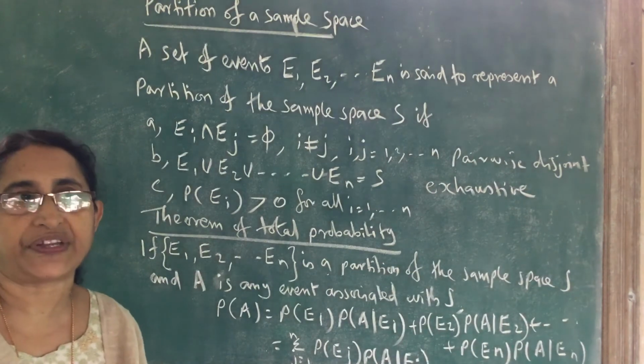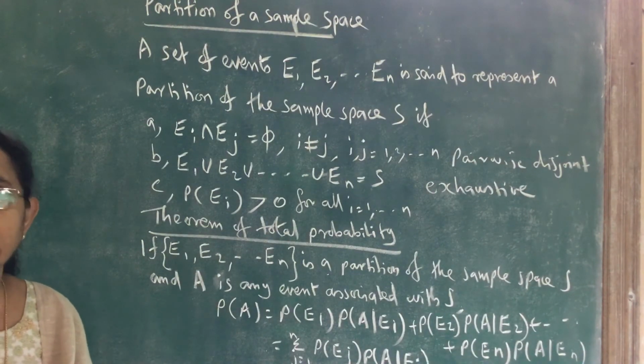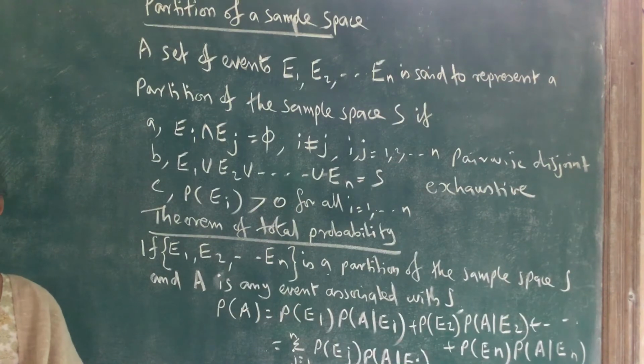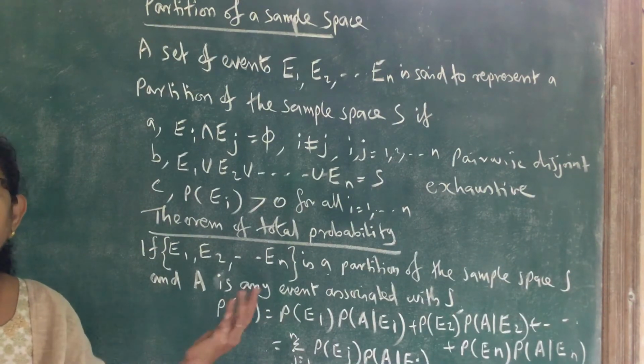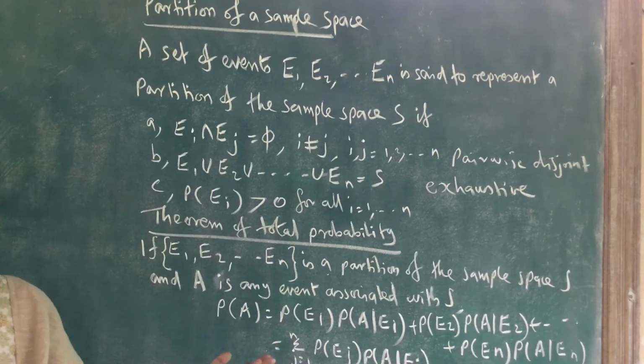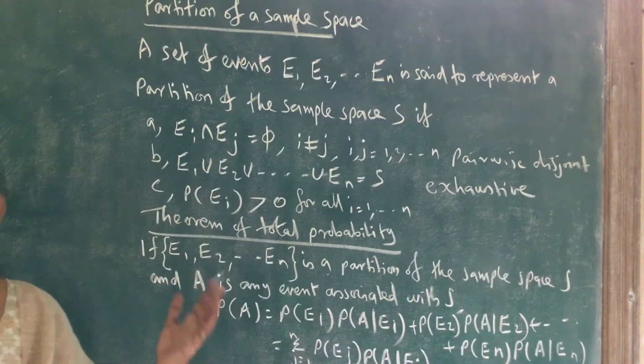Theorem of total probability. That means if E1, E2, etc., En is a partition of the sample space, that means they satisfy the conditions: they are pairwise disjoint, they are exhaustive, and they have non-zero probabilities.